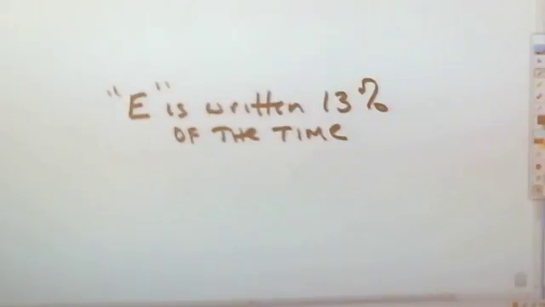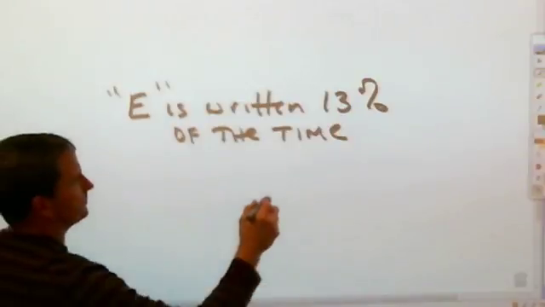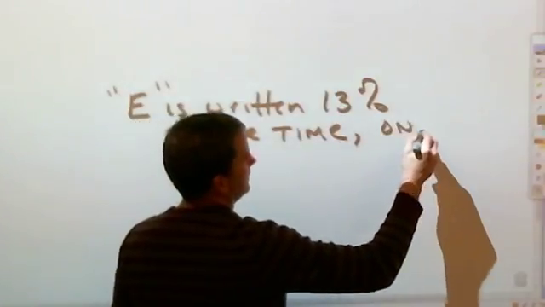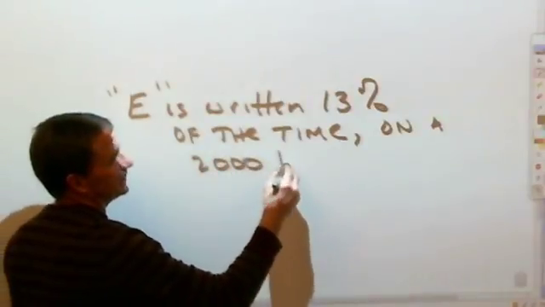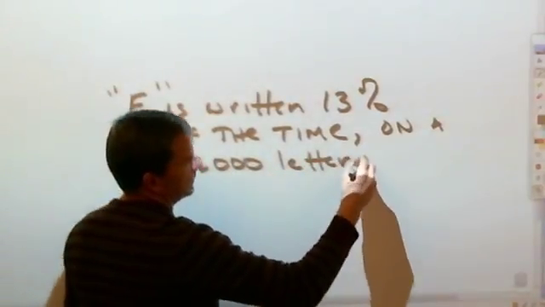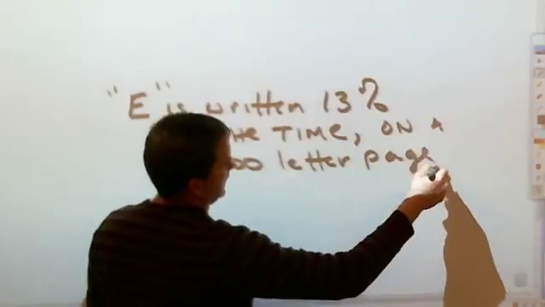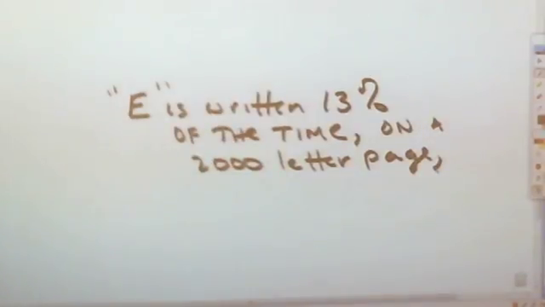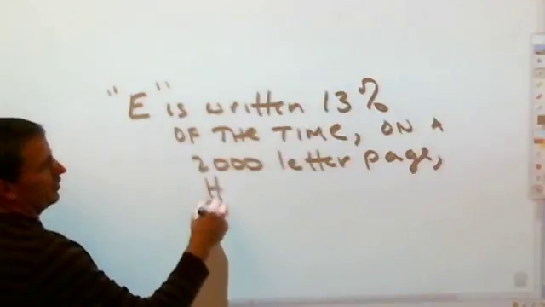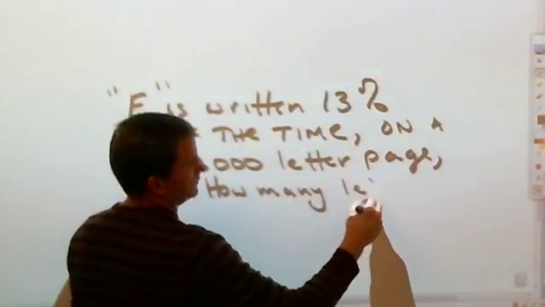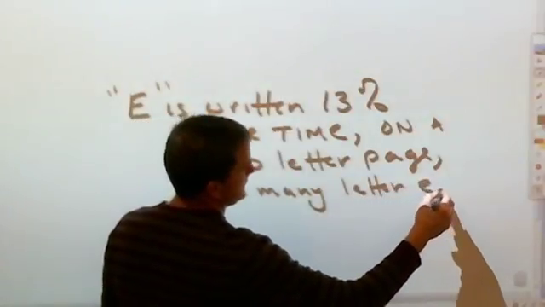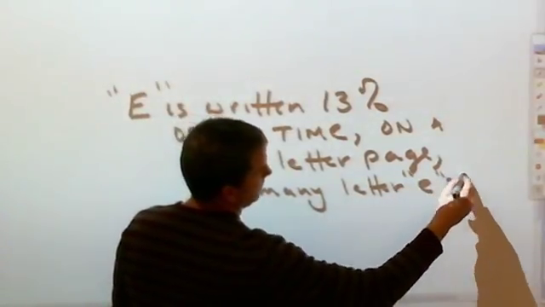On a page of a novel that has 2,000 letters, what do you think the question is? How many letter E's can you expect?